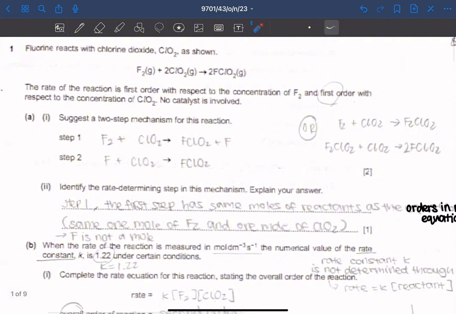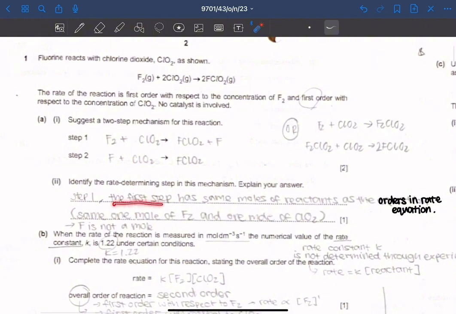Okay. And then part ii, identify the rate determining step, which is the slowest step in the reaction. Usually it is step 1, and explain your answer. This is because the first step has the same moles of reactants as the orders in the rate equation. Just now we read that it is first order with respect to the concentration of F2 and first order with respect to the concentration of ClO2.